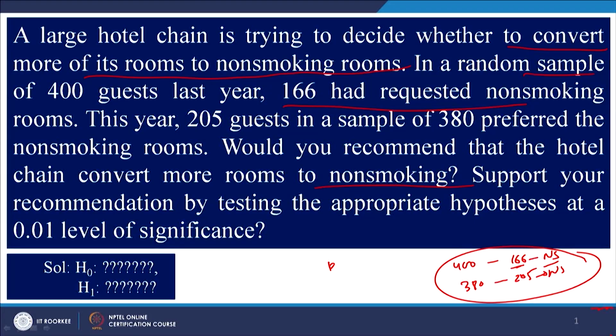Let us say P1 is the proportion of guests who preferred non-smoking rooms last year, and P2 is the proportion who preferred non-smoking rooms this year.